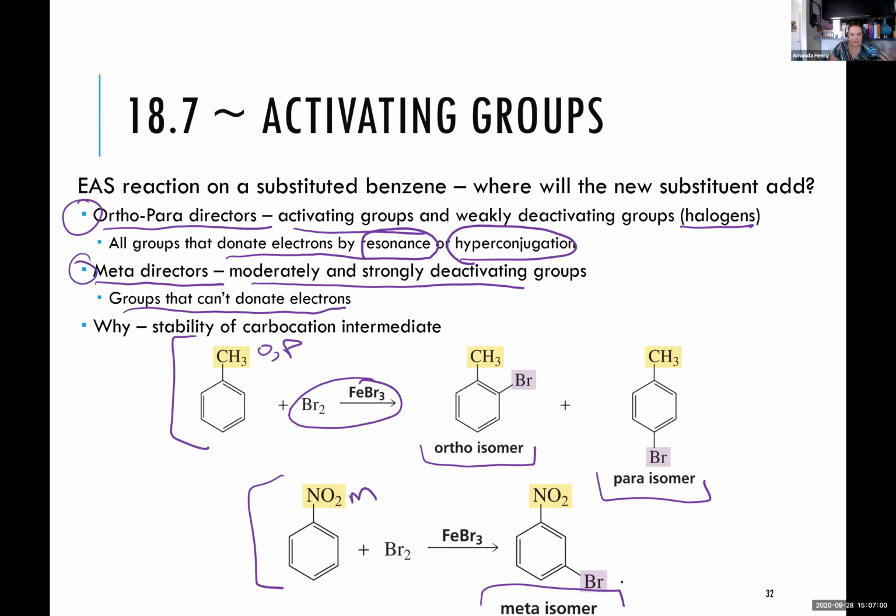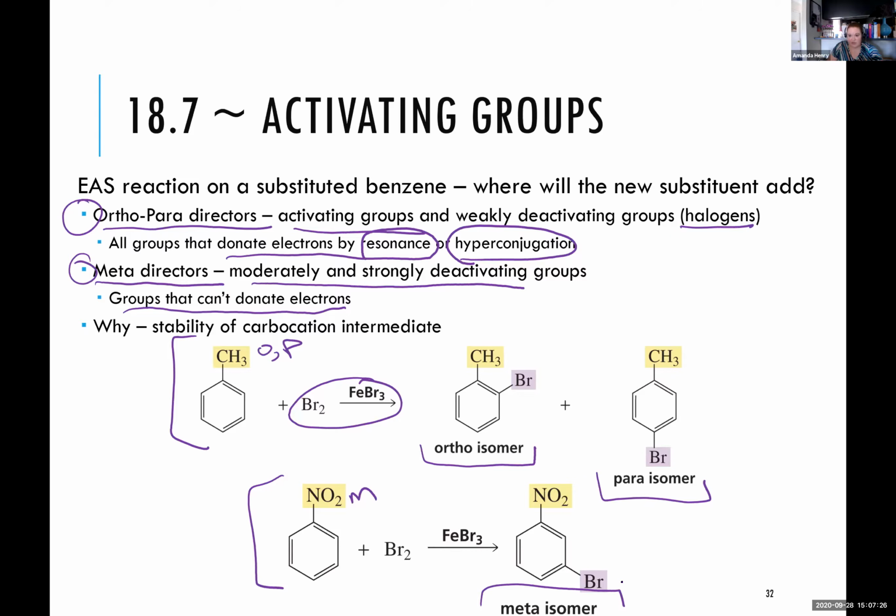So resonance, hyperconjugation, induction, and essentially understand why that would be activating or deactivating. You're not going to have an essay question on the test, but understanding it's definitely going to help you solve problems.